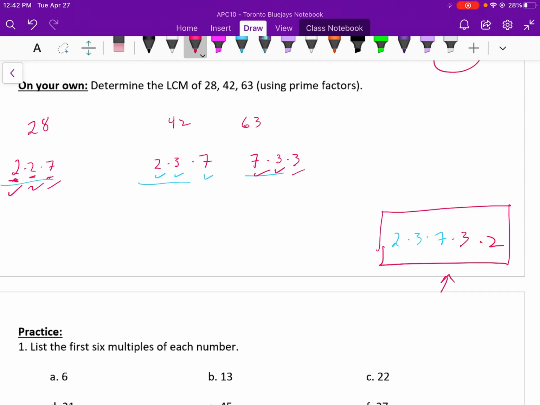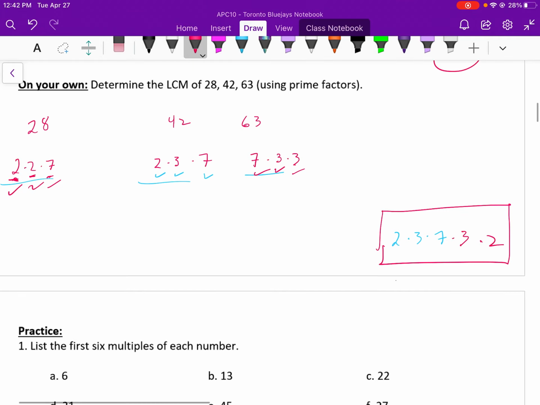And I actually don't know the answer to this, and I should have probably brought a calculator, but I know that it's 2 times 2 times 3 times 3 times 7. Whatever that might be. Yikes.